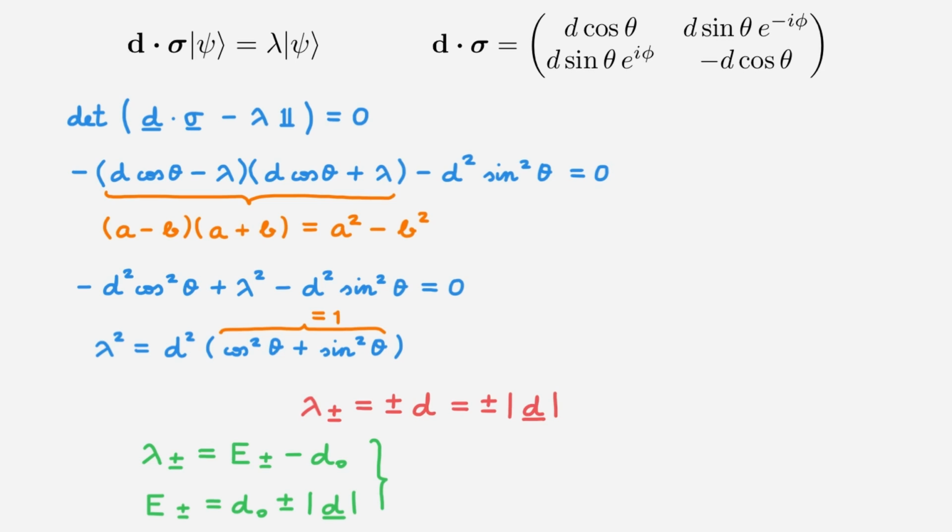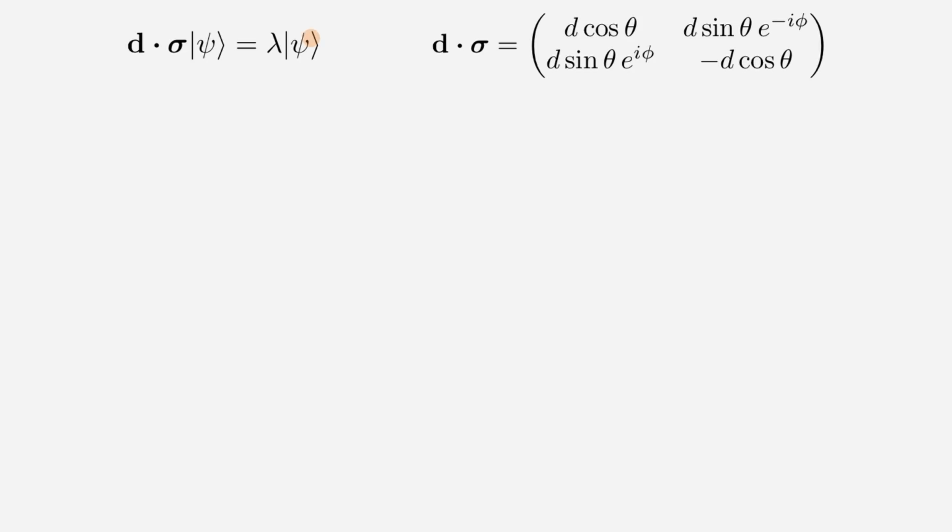So we could have immediately deduced that lambda plus minus had to be equal to this expression. But I think that having gone through this derivation again will prove helpful, as it's allowed us to become familiar with the new parameters d, theta and phi, and this should also make it easier to evaluate the eigenstates that we're going to tackle next.